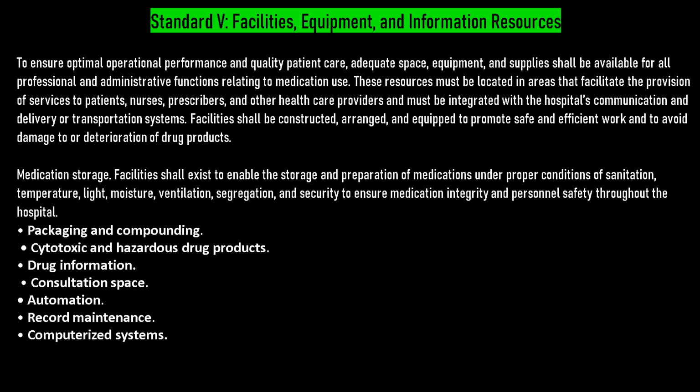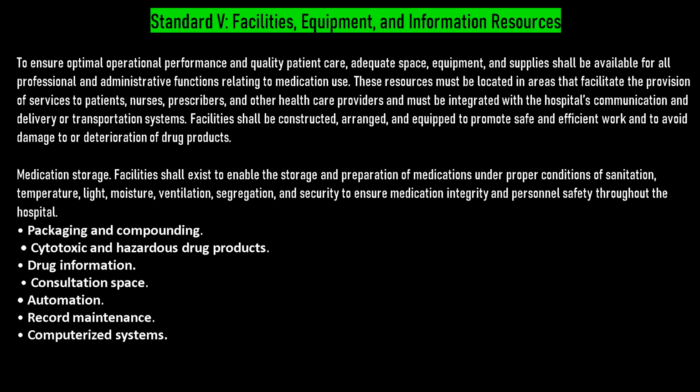Automation: automatic mechanical systems or software may be useful in promoting accurate and efficient medication ordering and preparation, drug distribution and clinical monitoring, and provide safe use and do not hinder the pharmacist's review.